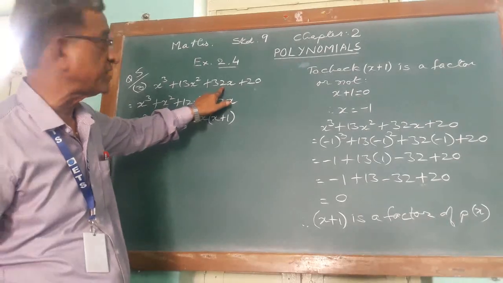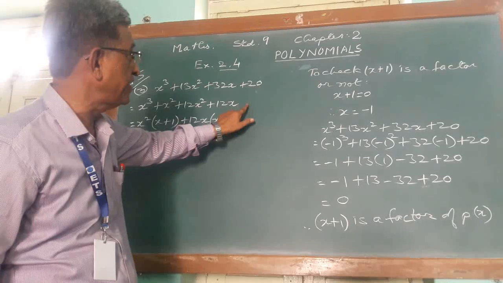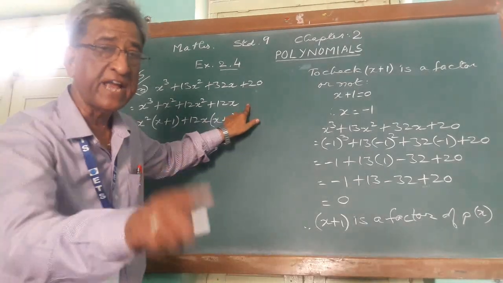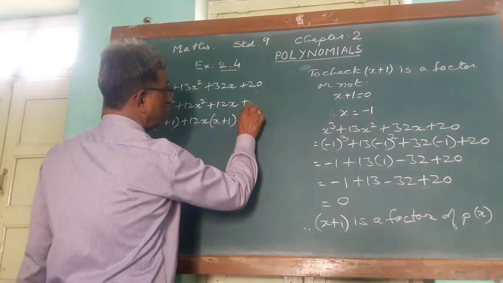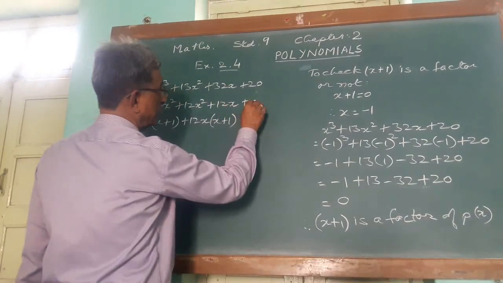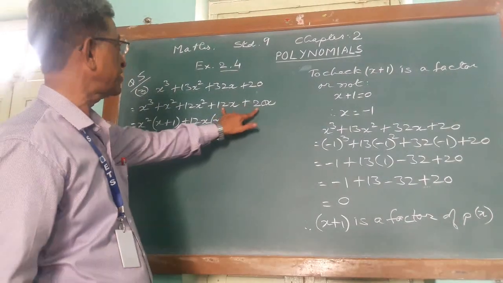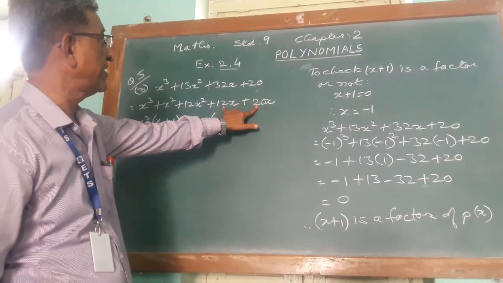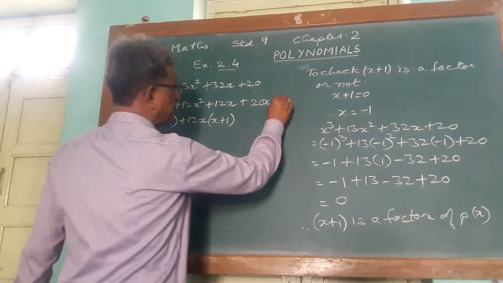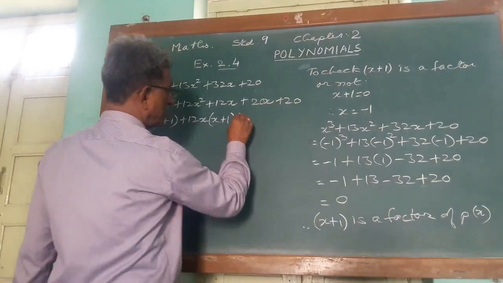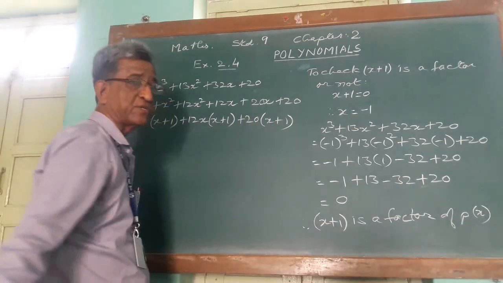Instead of 32x I have written 12x. So what should I write here so that again I get 32x? If I write 20x, then 12 plus 20 gives you 32. So plus 20 into bracket x plus 1.